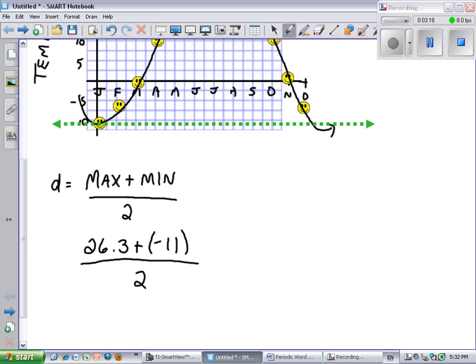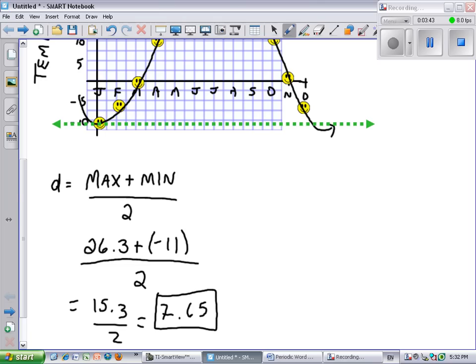That equals 15.3 degrees divided by 2, which is 7.65. So that's my D value.